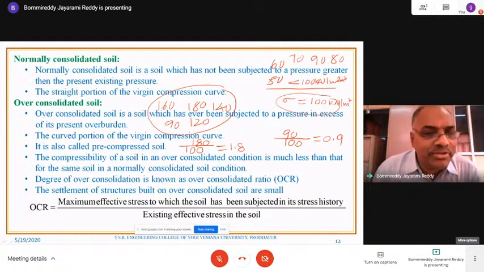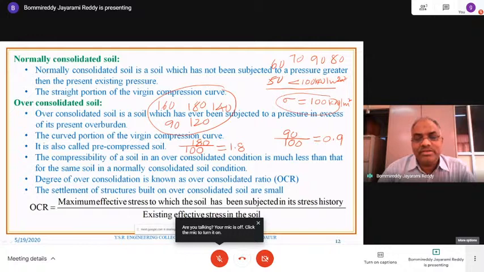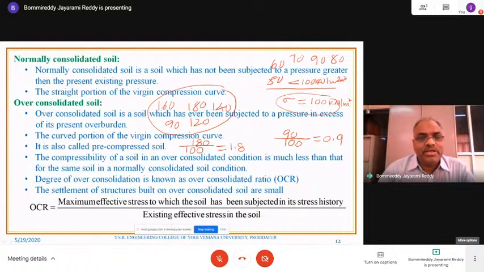Over consolidated means the soil is already consolidated. Already consolidated means the existing pressure is less than the previously acting pressure on the soil. You just simply understood the meaning of over consolidated soil.